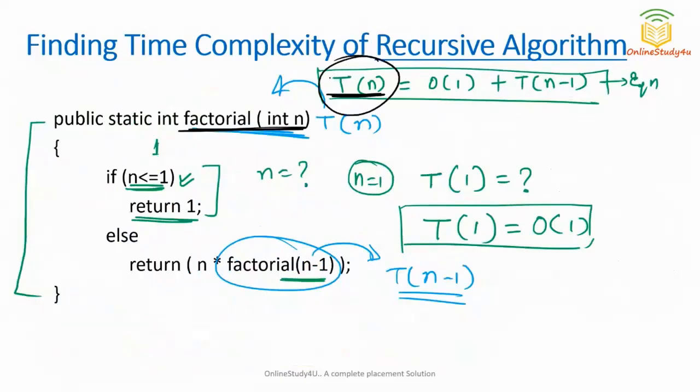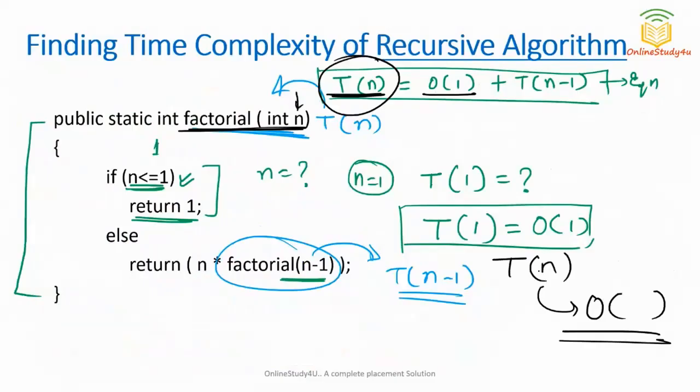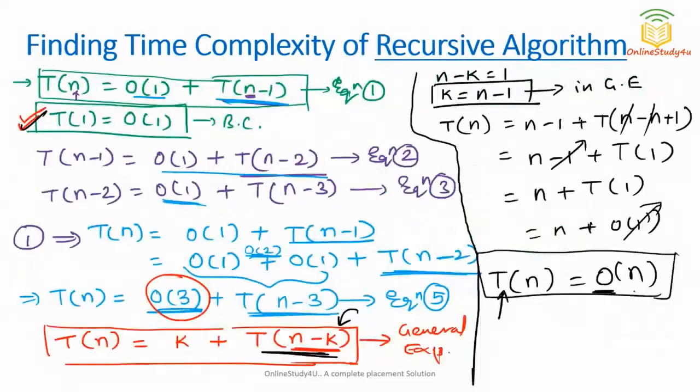Time complexity is expressed in terms of big O, and I am denoting it with T, and the parameter which I am accepting is n. Are you getting it? Great. So this is how we have obtained the time complexity big O of n.